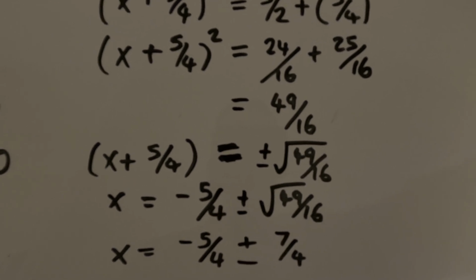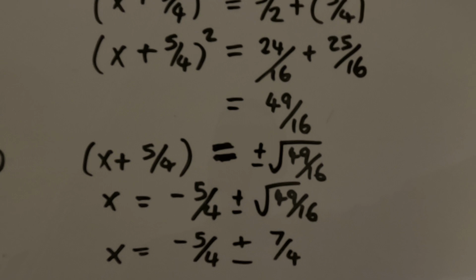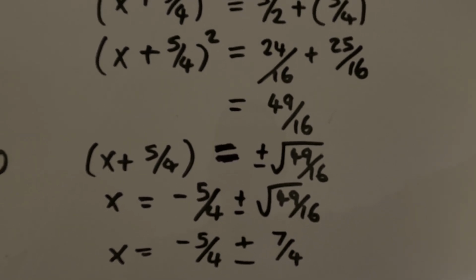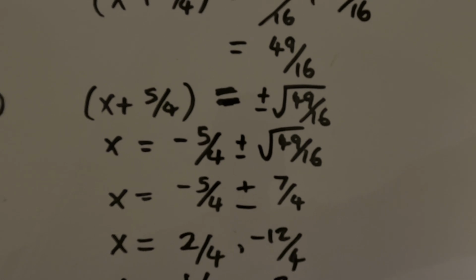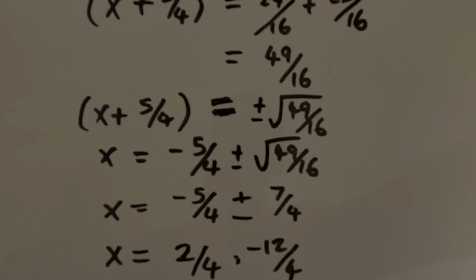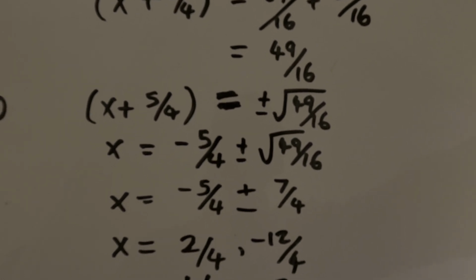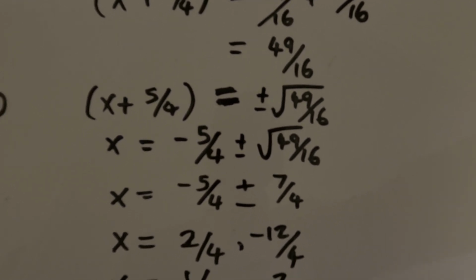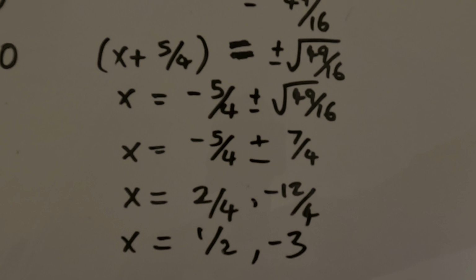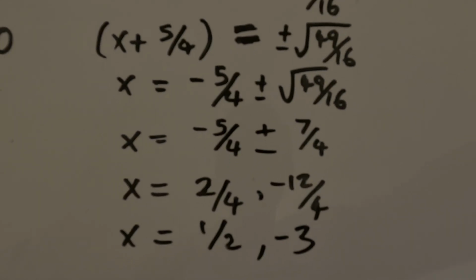I've just taken the 5 over 4 from the left, moved it to the right, so we have to subtract it off. So x is equal to 2 over 4. It's minus 5 plus 7 over 4, which is 2 over 4, or it's minus 5 minus 7 all over 4, which is minus 12 over 4. So x is equal to a half or minus 3.